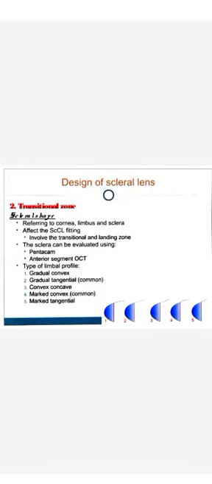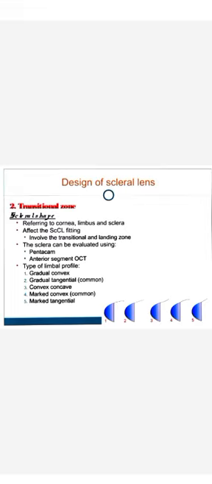The range of the transition zone is 0.5 mm to 2.0 mm. The design of transition zones refers to the corneal, limbus, and scleral shape, affecting scleral contact lens fitting involving the transitional and landing zones.